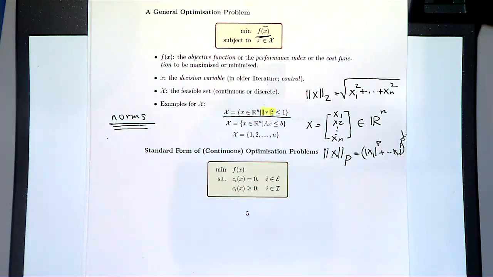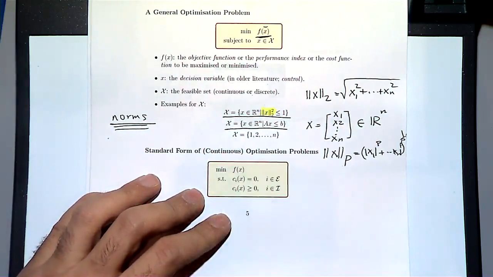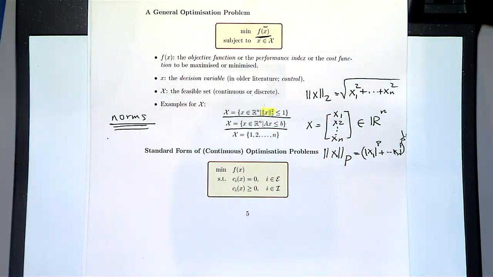Again, when we talk about convex sets, we will go through these a bit further as well. This other object is Ax less than or equal to b, where x belongs to R^n, A is some matrix with appropriate dimensions, and b is some vector with appropriate dimensions.